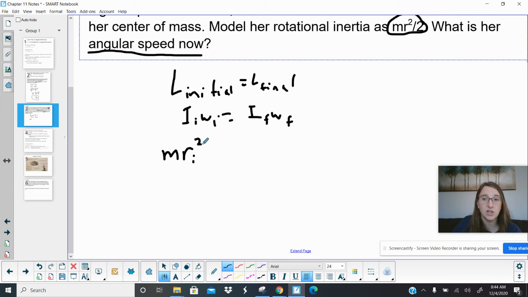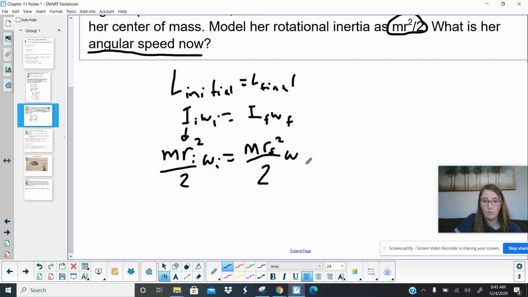But the radius does change, over 2. So there's our initial rotational inertia times omega initial. Let me write out the second half, and then we can come back and check. Once again, the mass does not change, but we do have a different radius, so final, over 2, times omega final.